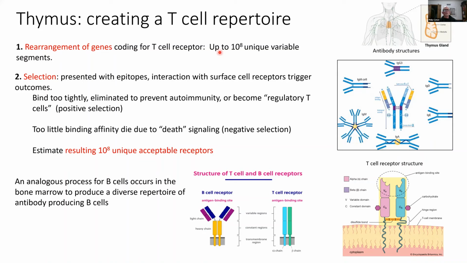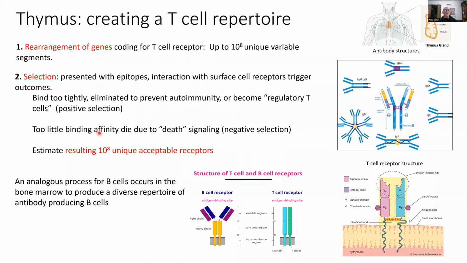So some of these cells die because they are potentially autoimmune. Some of them die because they bind so tightly that they really can't function effectively. And those are the ones that could be potentially autoimmune.